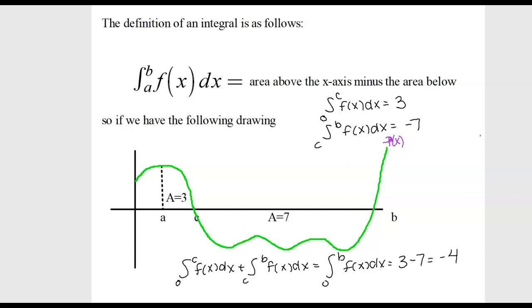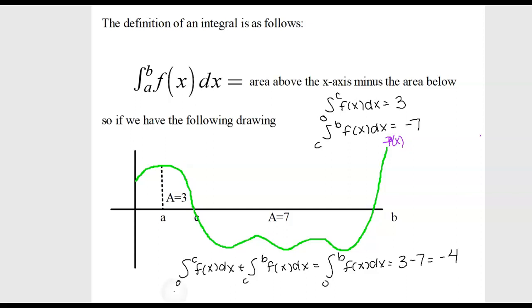In the case of this example here, we have the integral being evaluated from a to b. But at point C, the curve goes from above to below. So areas above are considered to be positive integrals. Areas below are considered to be negative integrals.